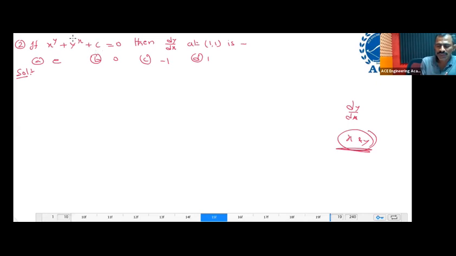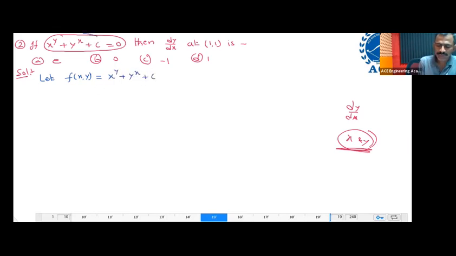Because it is an implicit function, an easy way to find this ordinary derivative is to use implicit differentiation. So to use implicit differentiation, let us consider this as an implicit function. Let f of x comma y equal x power y plus y power x plus c.